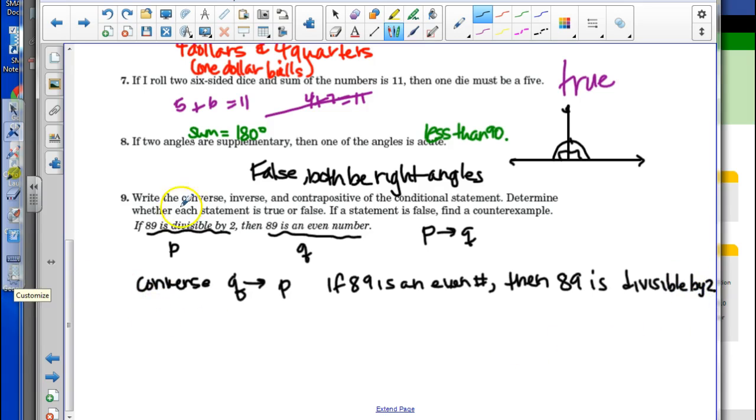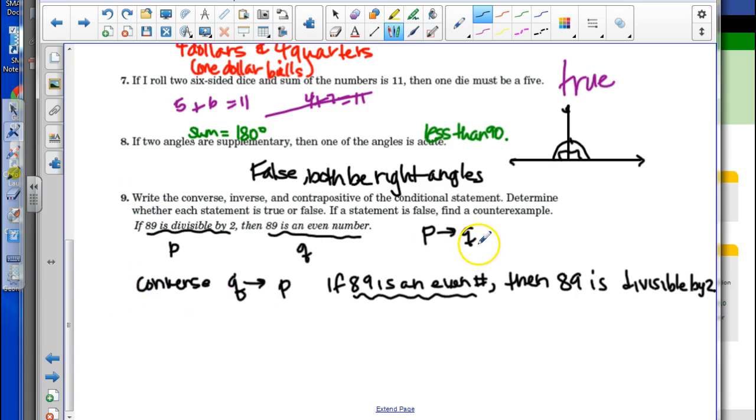All right, so there is the converse. Is this statement false? If 89 is an even number, then 89 is divisible by 2. Well, that is true. 89 is not an even number, but that is the hypothesis, if 89 is an even number. So the hypothesis is false. So it is not divisible by 2, but this first part isn't true anyway.